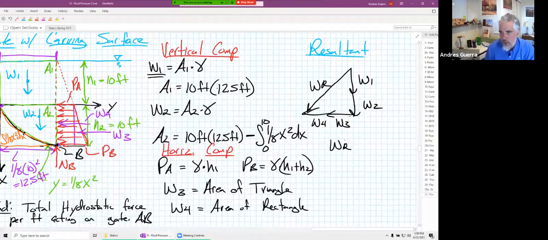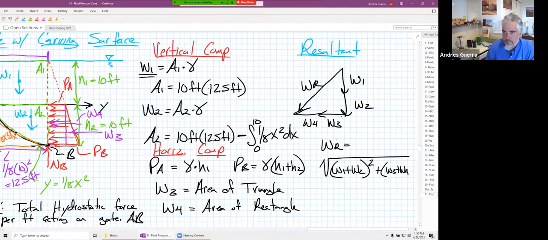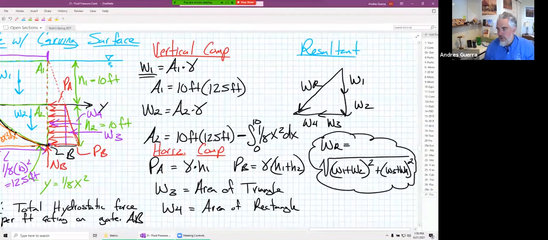So WR is equal to the square root of W1 plus W2 quantity squared, plus W3 plus W4 quantity squared. We add up the vertical components and square them, and add up the horizontal components and square them. Then we can find that WR term. So don't forget, draw this last picture.